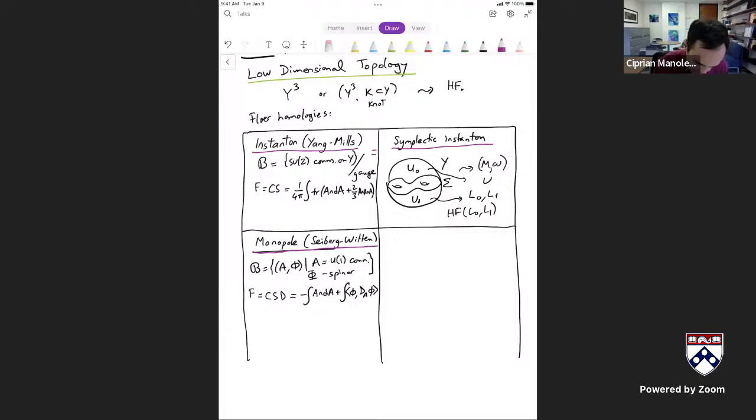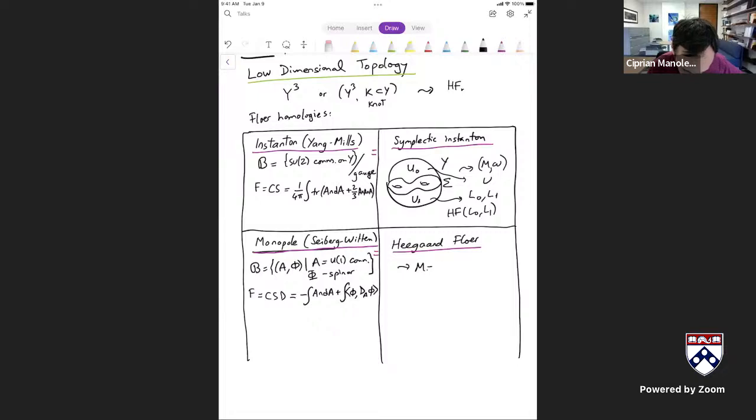And again, there is a Lagrangian version, which is called Heegaard Floer homology. It was developed by Ozsváth and Szabó. Similarly, you split the 3-manifold into 2 pieces, and you associate some symplectic manifold to that.